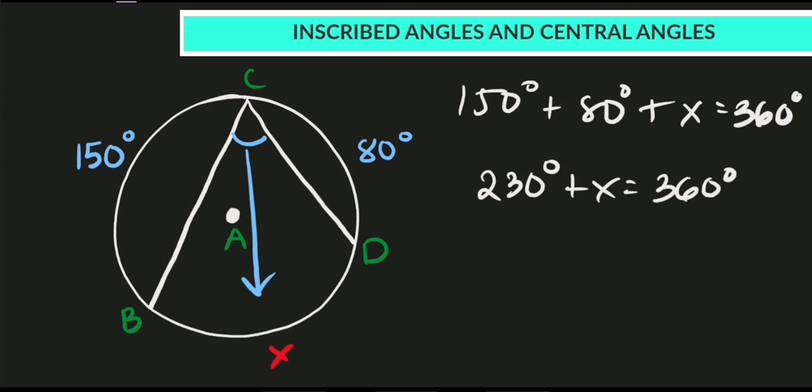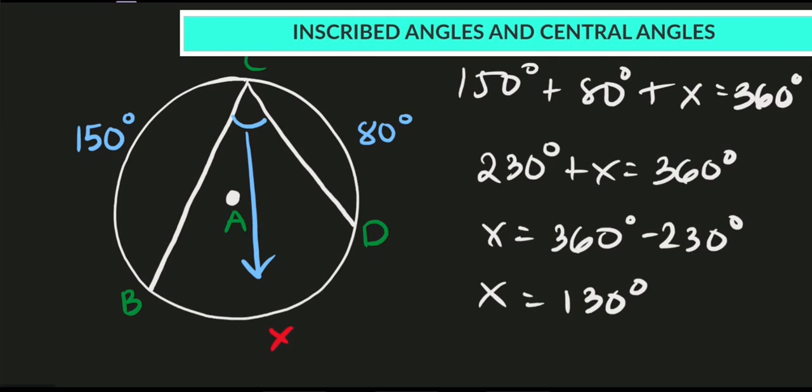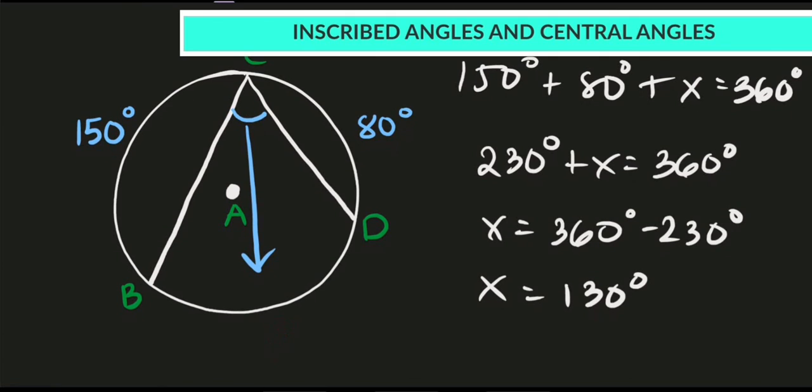To isolate the value of x, subtract both sides by 230. So x equals 360 minus 230. Therefore, the value of x is equal to 130 degrees. So let's label this one as 130 degrees.